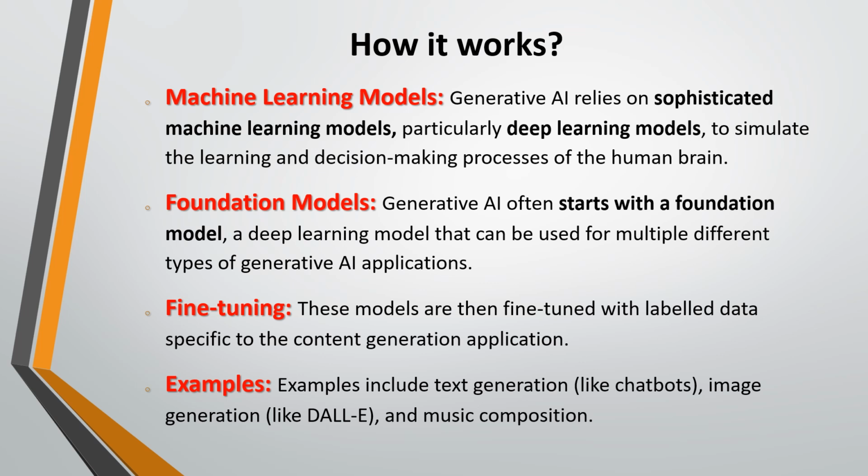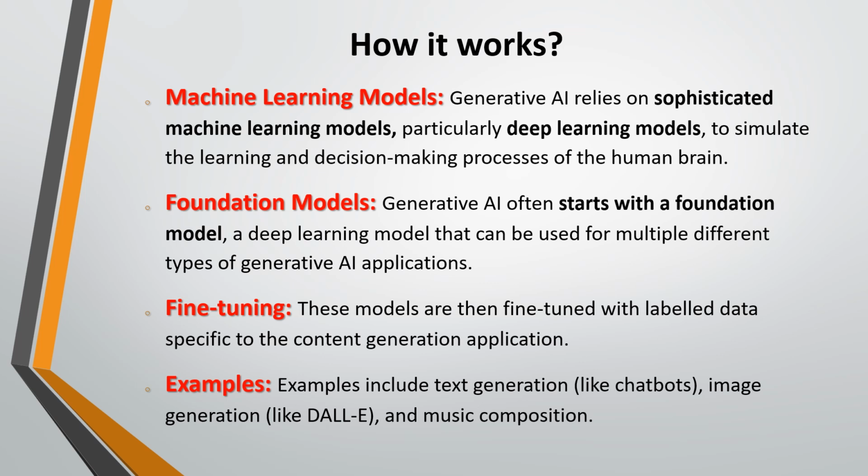Then of course it needs to be fine tuned because the foundation model does not help much in the creation of different things that we think of using AI. So these models are used then to fine tune with the label data specific to the content generation applications. So fine tuning basically tells what exactly it has to do and how it has to do.